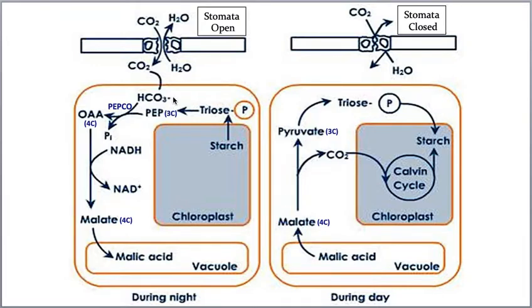Again, I repeat just for safety, a very short recap. During night time, the stomata open. When the stomata is open, immediately carbon dioxide enters into the mesophyll cell, and then it reacts with some water and converts into bicarbonate form.